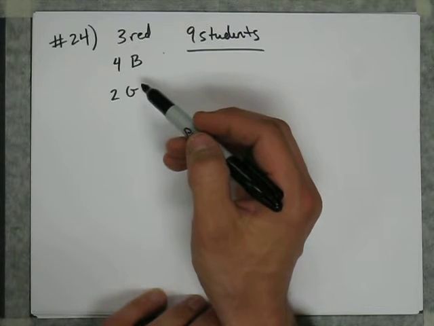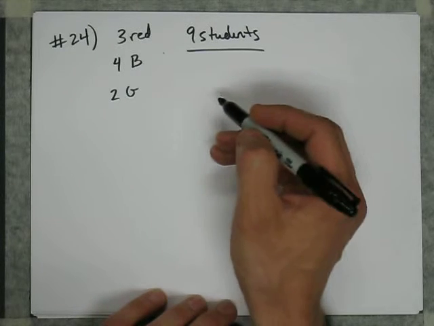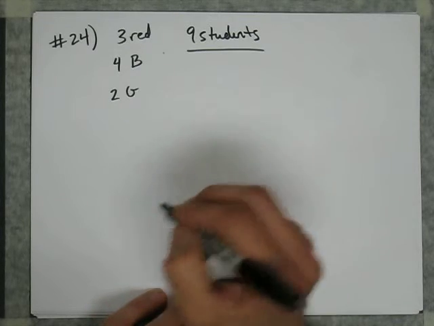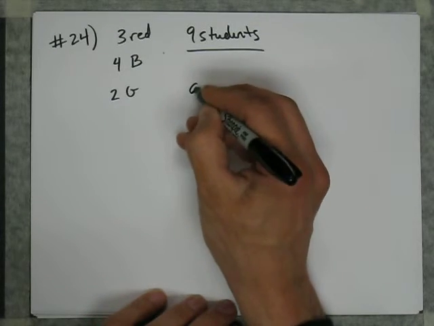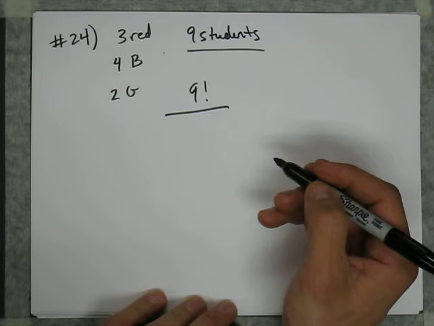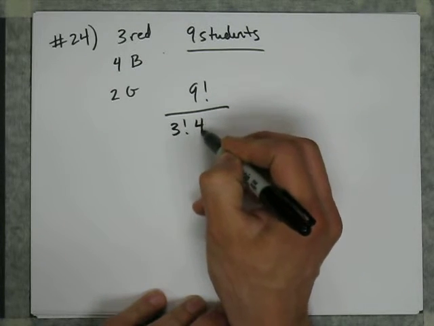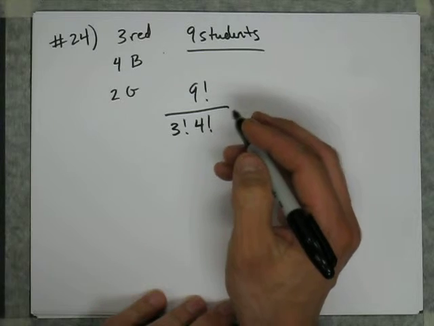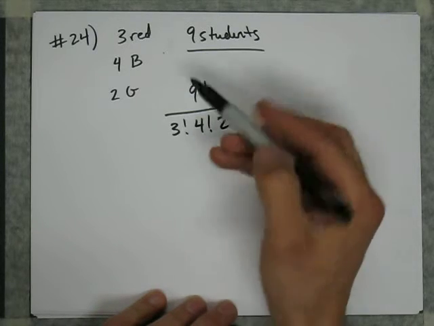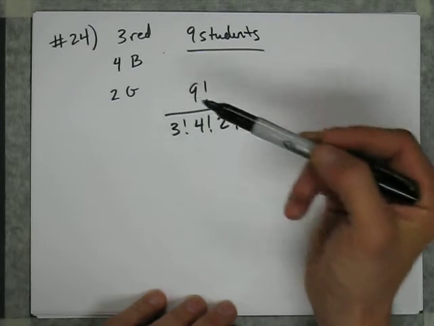And so you're not going to get 9 times 8 times 7 times 6, and so forth. This is another repetition one: 9 factorial, the total number of students, divided by 3 factorial, 4 factorial, and then 2 factorial, representing the 3 red, 4 blue, 2 green.